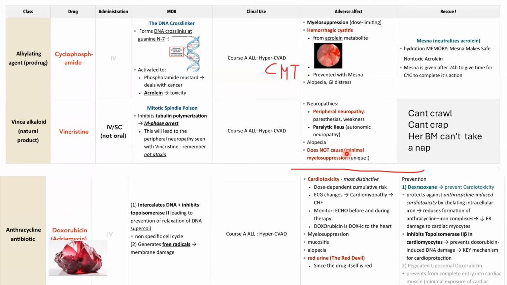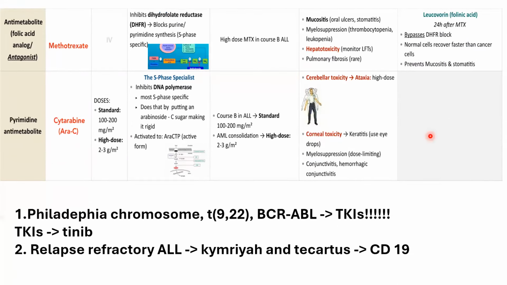If they were to ask you about myelosuppression, they would ask you which one doesn't cause it, which is vincristine, okay? Now, if you see here, cerebellar toxicity presents with ataxia. So if they present a patient who's losing balance, then they're referring to cerebellar toxicity or central neuropathy, and in that case you would choose cytarabine.